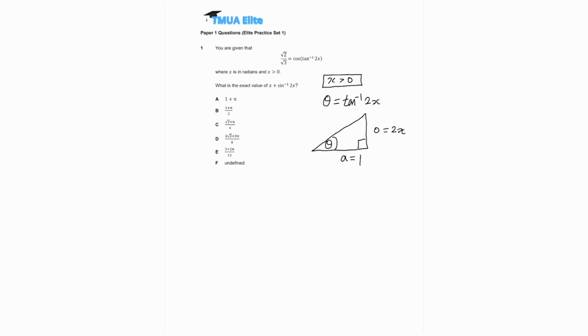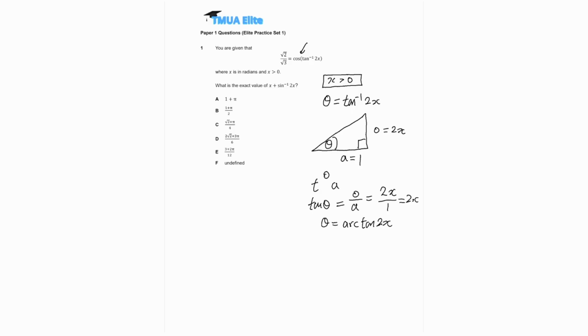So if you think about it, you have TOA, so you know tan of the angle is equal to opposite over adjacent. Here we have the opposite as 2x and the adjacent as 1. So you get this, which is the same as saying theta is equal to arctan, or tan to the minus 1 of 2x. We want the cos of the angle, right?